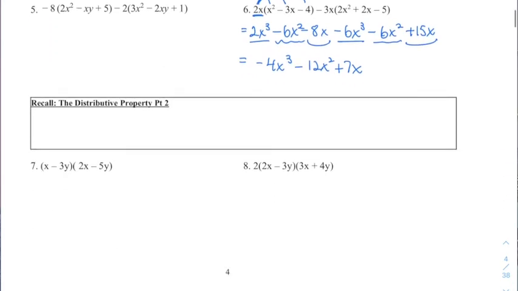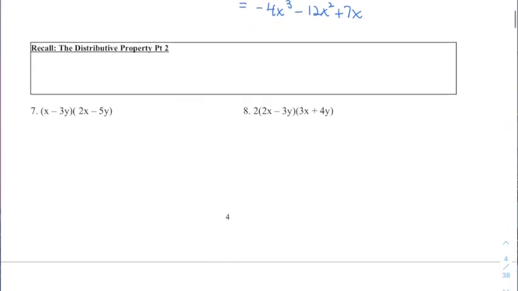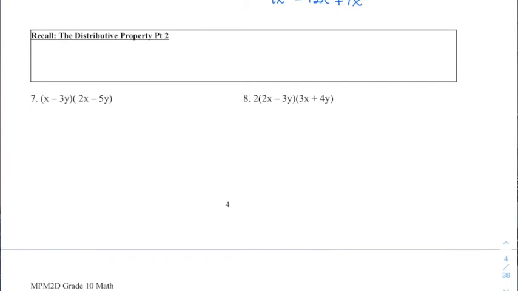Okay, and I wanted to save the distributive property part 2 because I find that for number 8 especially, there's a specific way that works really well versus another way that might not work so well. Okay, so you might have heard the term FOIL. You can use FOIL.